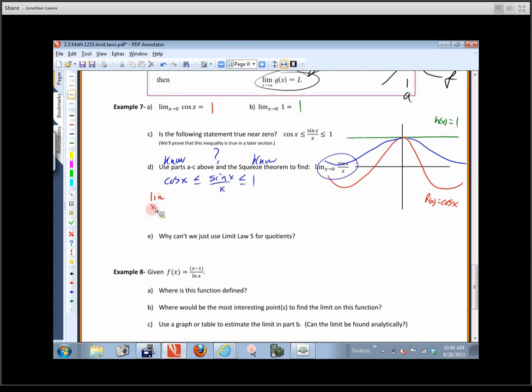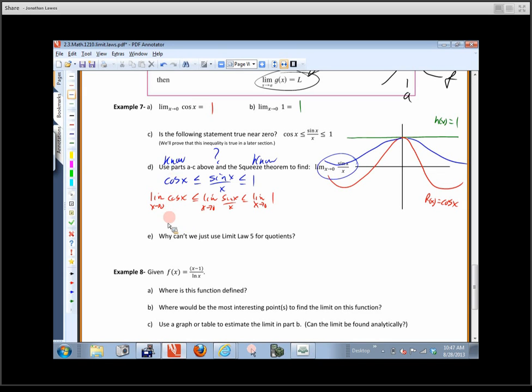So the limit as x approaches 0 of cosine of x, less than or equal to the limit as x approaches 0 of sine of x over x, less than or equal to the limit as x approaches 0 of 1. Now remember, we said we know the behavior of this one really well and we know the behavior of this one really well. Well, what is this limit?